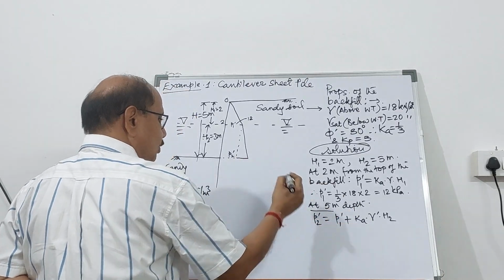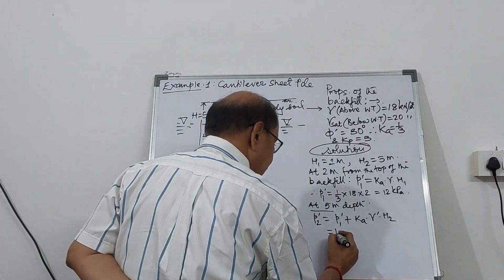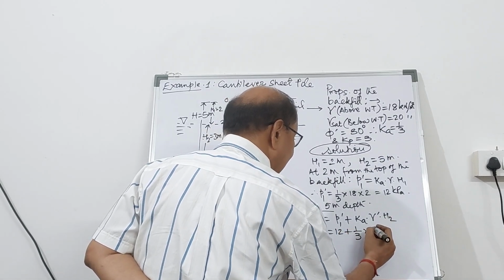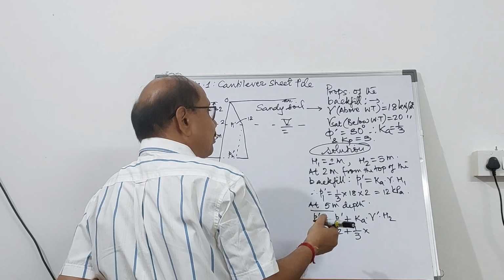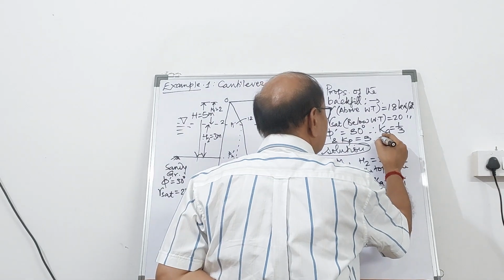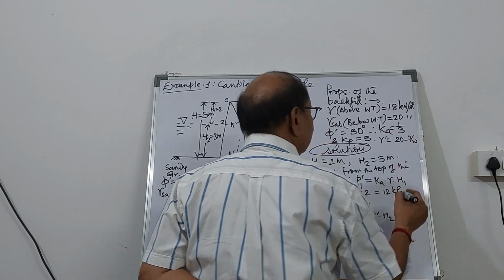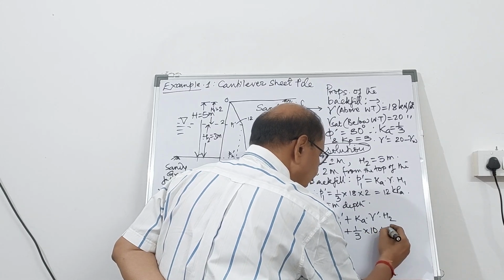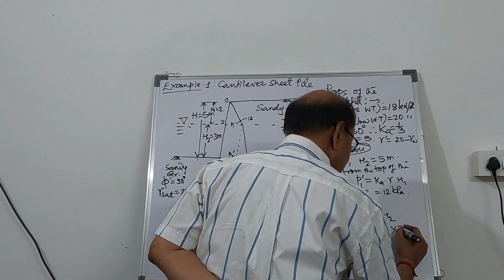P1 prime is already 12 kilopascal. So 1 by 3, and gamma prime here will be 20 minus gamma W, the unit weight of water, which is 9.81. So this gamma prime becomes 10.19 multiplied by H2, which is 3 meter. So into 3.